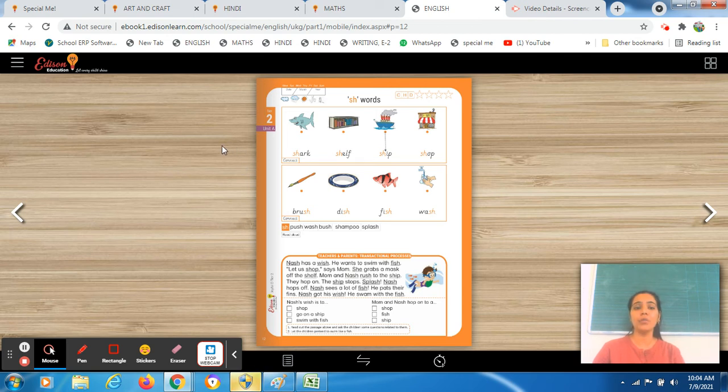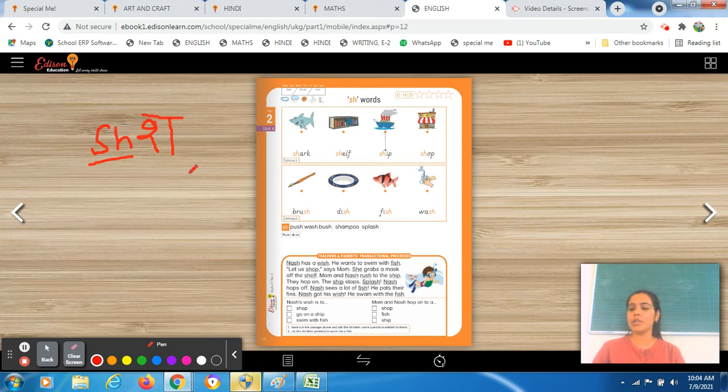You all have to keep it in your mind, whenever you see the sh blend, if it is in the end of any word or in the starting of any word, the sound remains same. Okay, sound never changes, whether you put it in the beginning, in the middle, or in the end, the sound remains same.